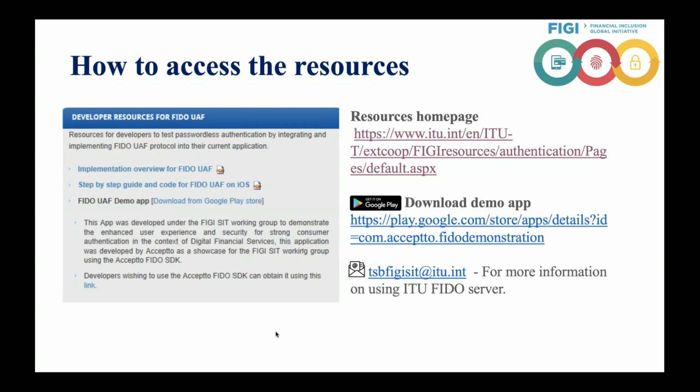Maybe we didn't explain this earlier, but there are 3 protocols: UAF, U2F, and FIDO2. For these resources, we only have resources for UAF, but there's also a protocol for U2F. So FIDO has 3 protocols, U2F, UAF, and FIDO2. But for these resources that we are demonstrating, it's mainly for UAF, which is mainly used for applications.